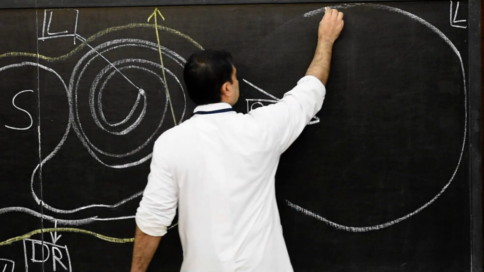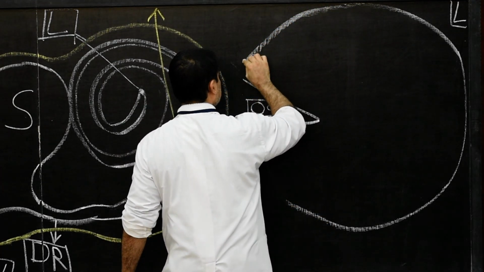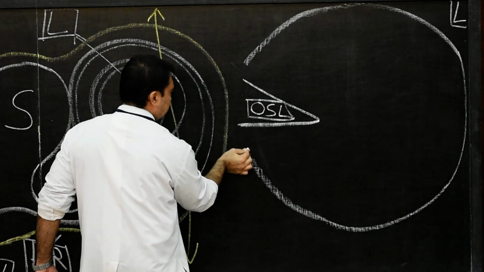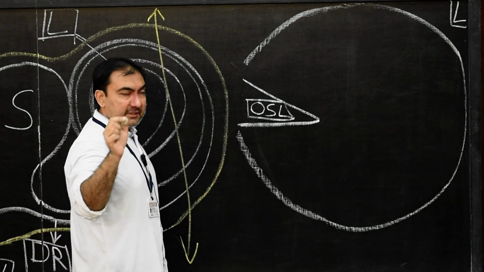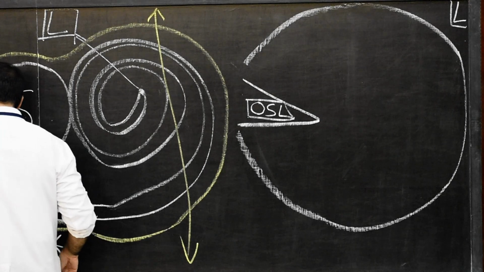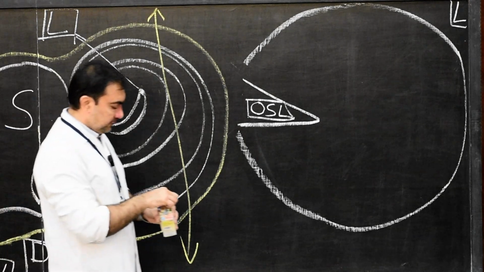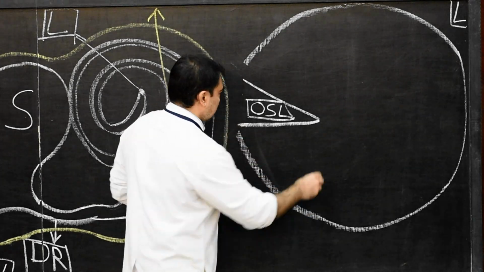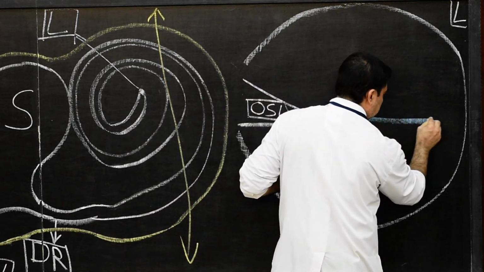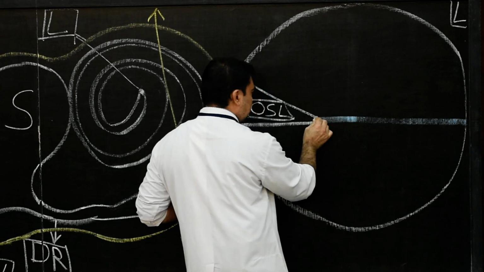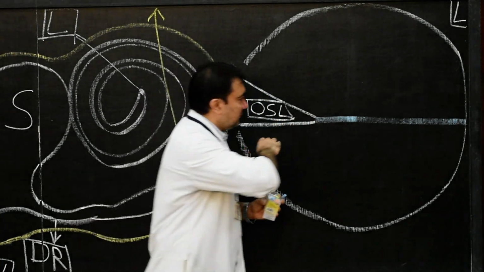How do we make the boundaries of the cochlear duct? First we'll join here. This also we will join here. So the first boundary will be the presence of the basilar membrane. So I will draw this basilar membrane here, which will connect the osseous spiral lamina with the lateral wall.